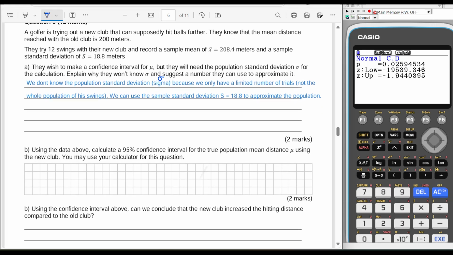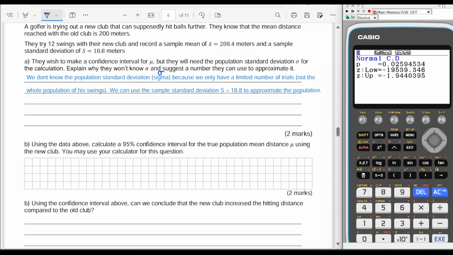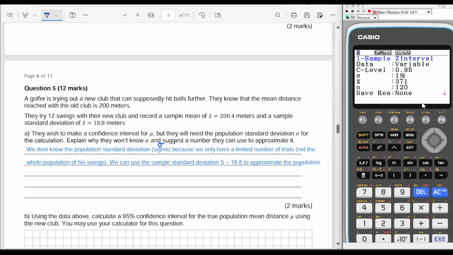Okay. Using the data above, calculate a 95% confidence interval. So we're into stats. I'm going to exit out. So that's inter, so that's over F4, Z. And what are we at? One sample Z. Confidence level is 0.95. We don't know the standard deviation, but we were going to approximate it with 18.8.